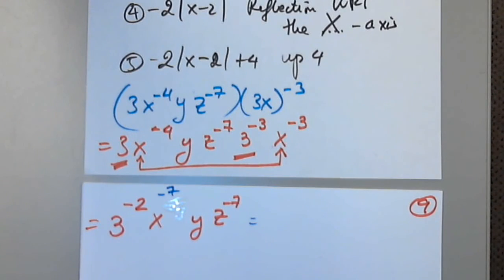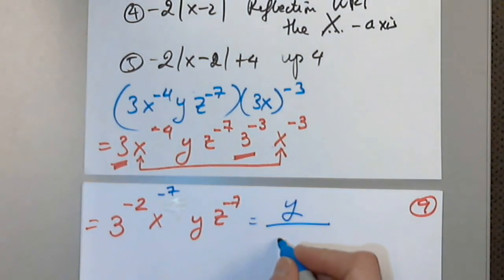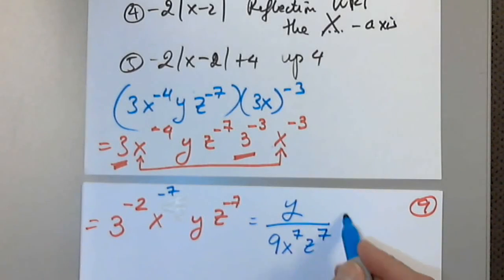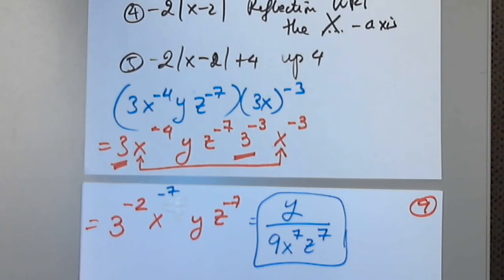So which of these 4 factors stays at the top? Only y. Everything else goes to the denominator as 9, x to the 7th, z to the 7th. I wouldn't do that because I have to clean it up, and at the end I'll do it in one step.